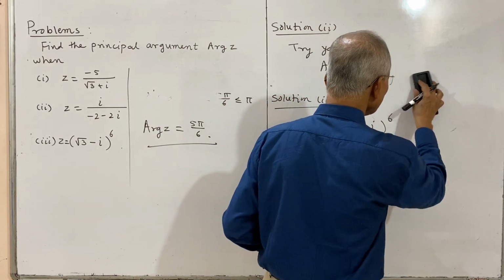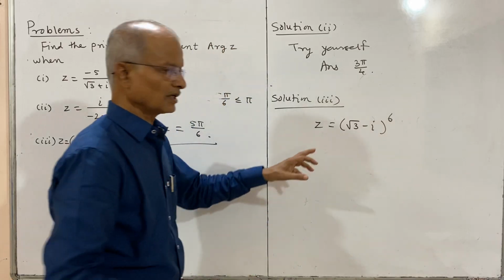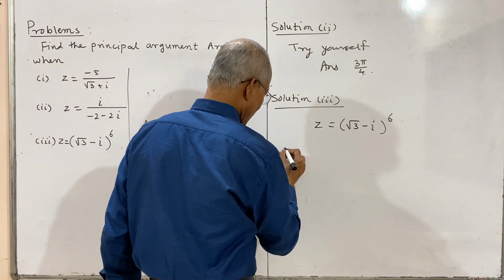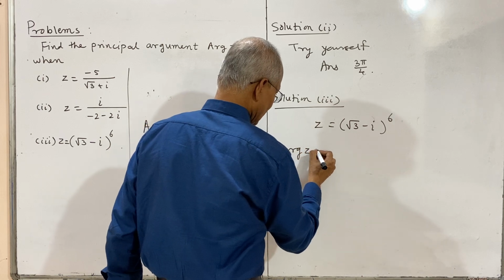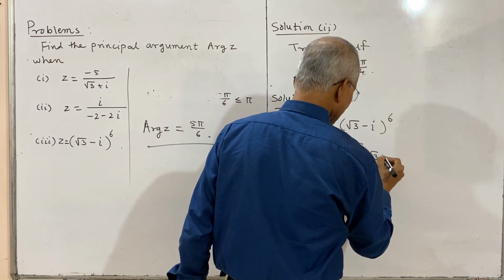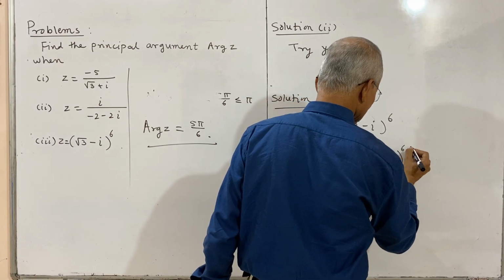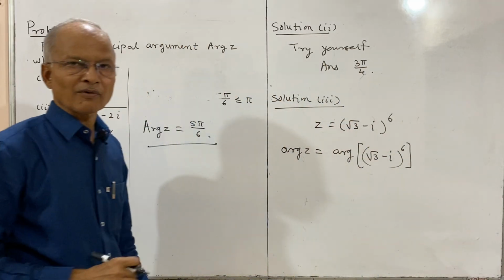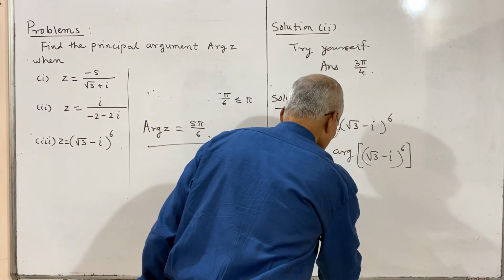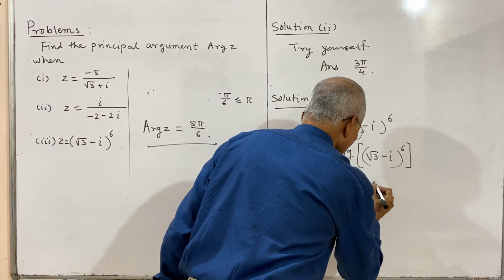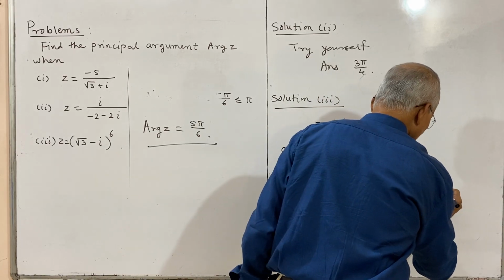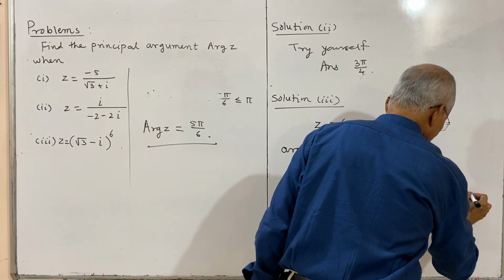We shall use the fourth result that we have proved: the argument of z power n is n into the argument of z. So the argument of z is equal to 6 into the argument of root 3 minus i.